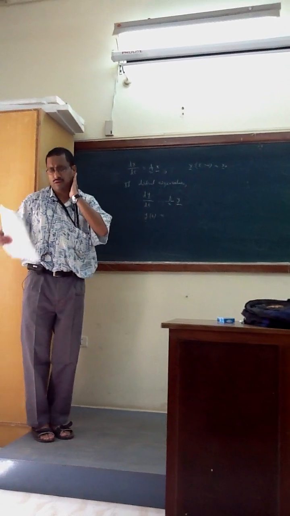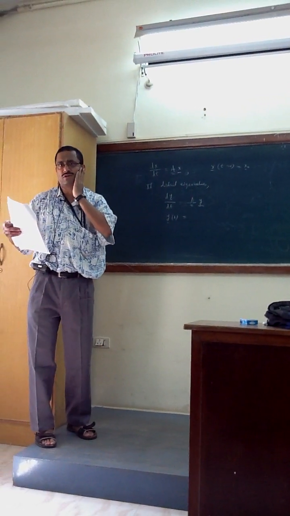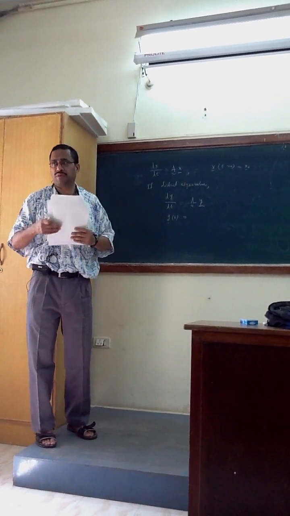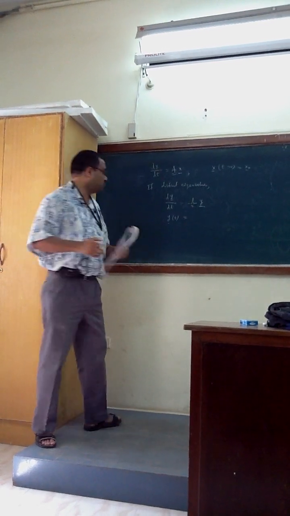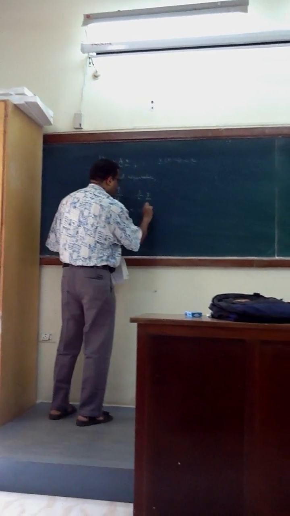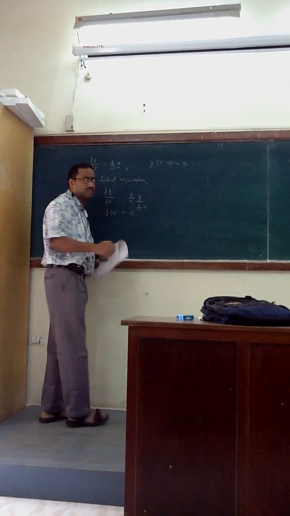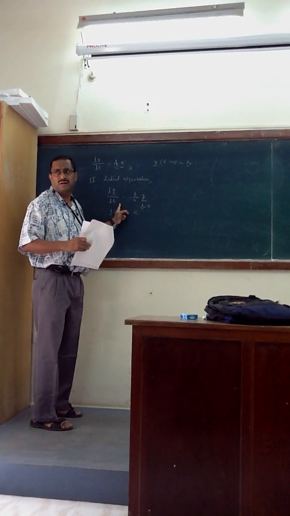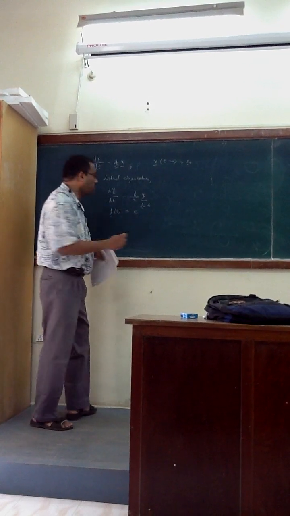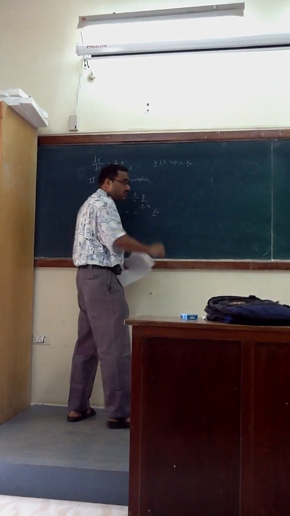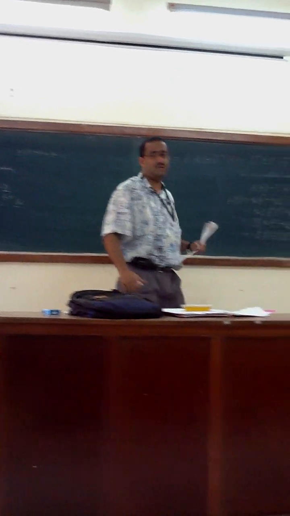We have done already. What's the generalized solution? Pardon? e to the power lambda t c, and c we have already found out from the initial condition. What is that? y naught bar, which is the vector.